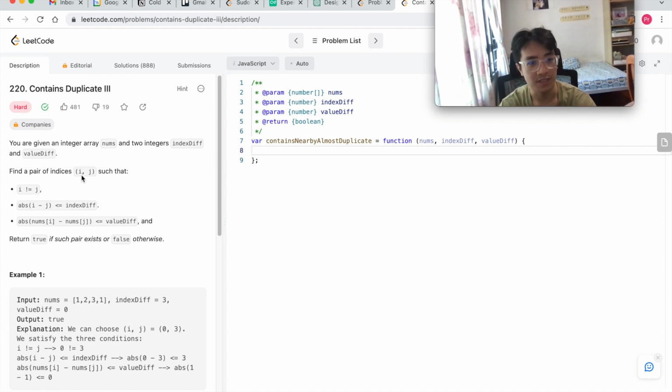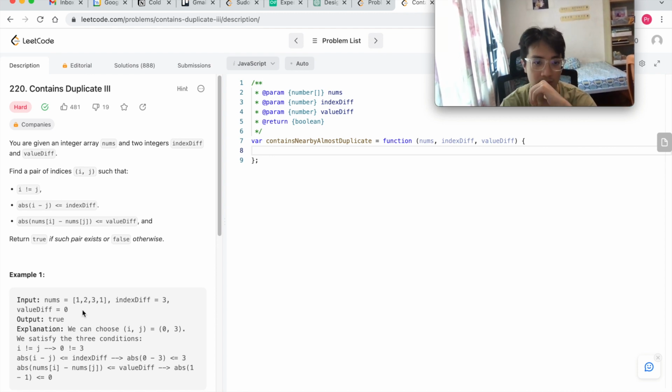So we have a pair of indices i and j and an integer array nums. Find the pair such that i does not equal j, the absolute value of i minus j is less than or equal to the index difference, and the absolute difference of the numbers those indices are pointing to is less than or equal to the value difference, right?